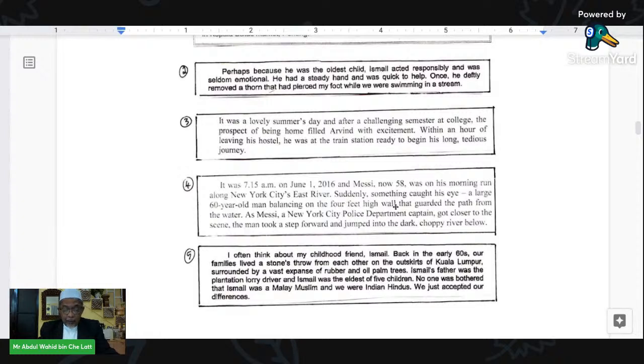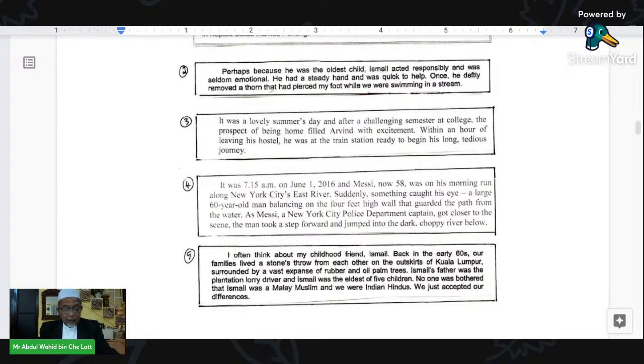Suddenly something caught his eye: a large 60-year-old man balancing on the 4 feet high wall that guarded the path from the water. As Messi, a New York Police Department captain, got closer to the scene, the man took a step forward and jumped into the dark, choppy river below.